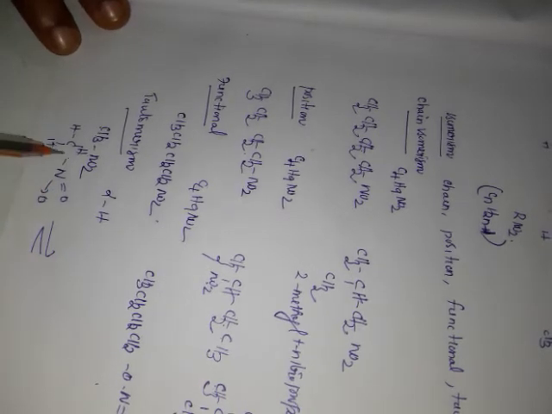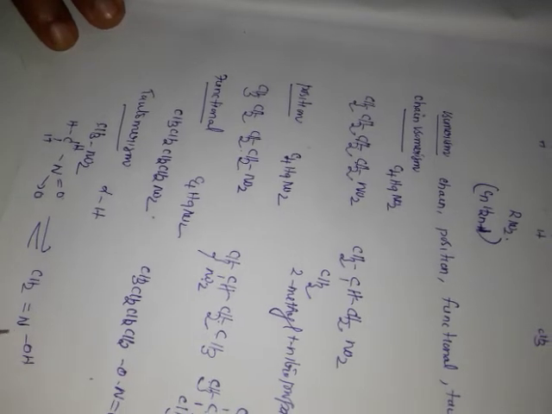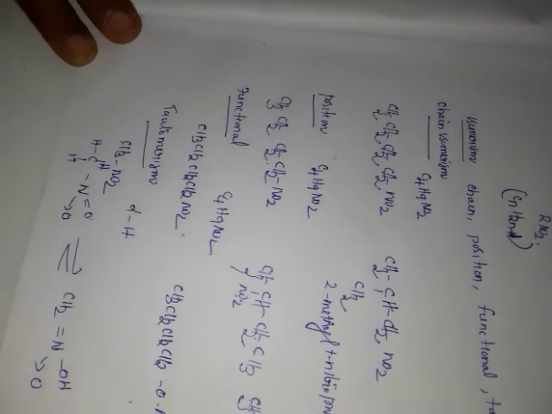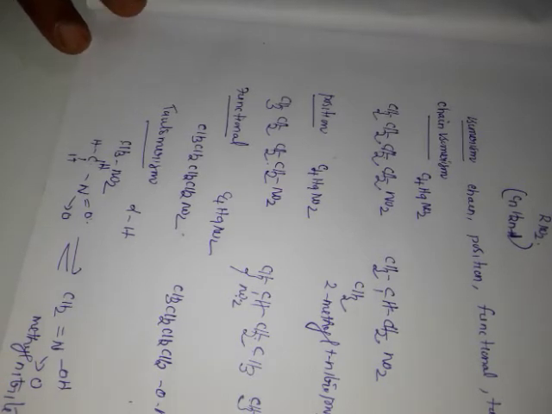Now in this nitro form, one hydrogen from the alpha carbon shifts to the oxygen. So CH2=N(OH)O. The hydrogen from the methyl group shifted to here. This is like methyl nitrite.